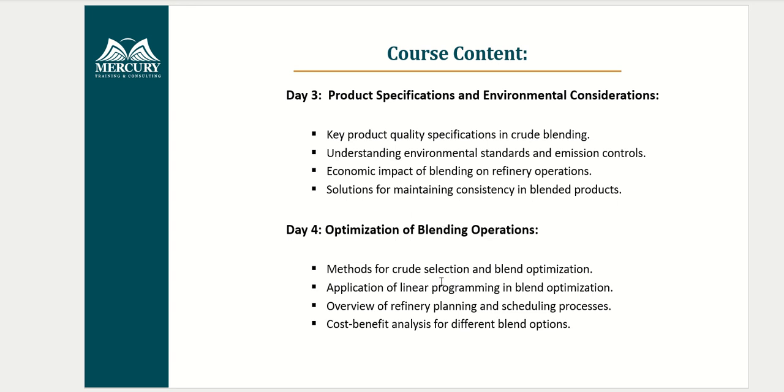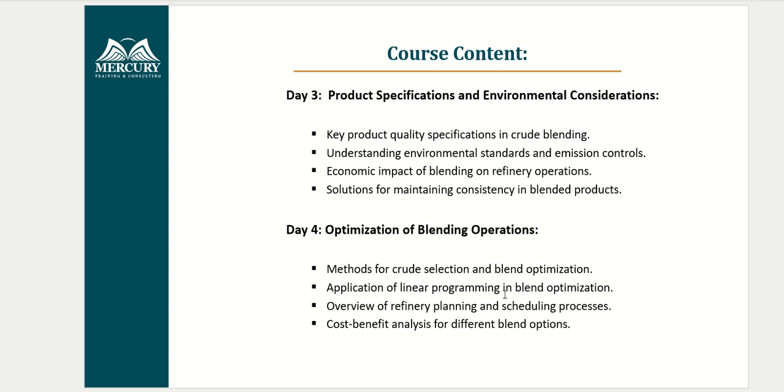On day four, I covered optimization of blending operations, methods of crude selection and blend optimization. When we talk about crude selection, when you have light, medium, and heavy crudes, you can blend them accordingly to create your feed for the refinery. Then application of linear programming.